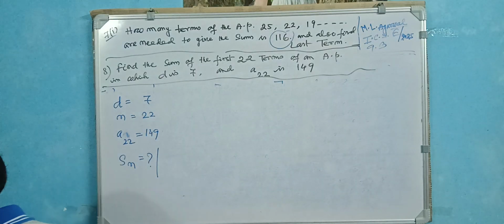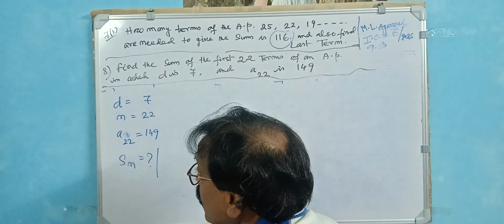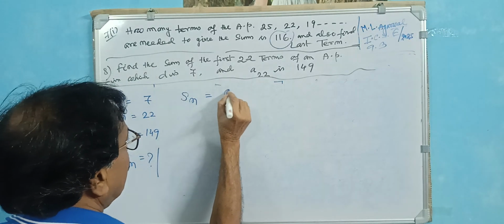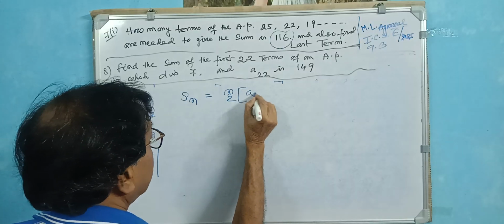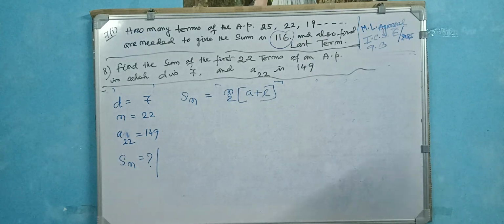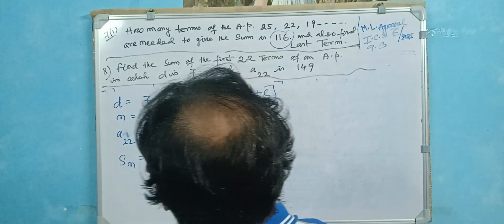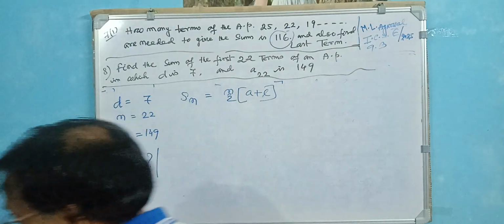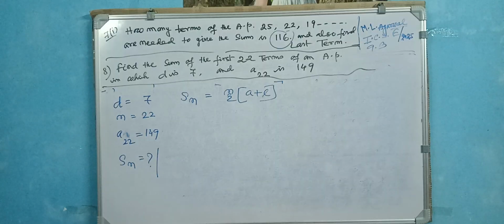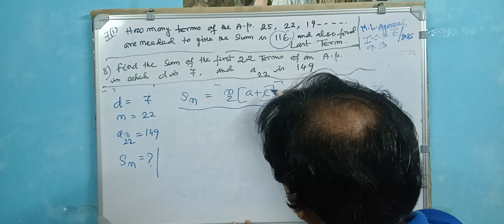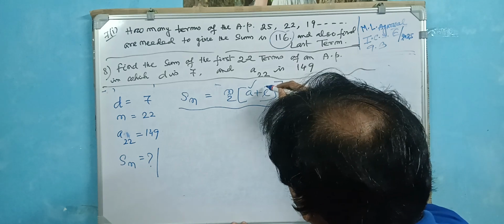Actually, you could apply the formula Sn is equal to n by 2 into (a plus l), but if you use it, you don't know the value of a, and you don't know the value of l.